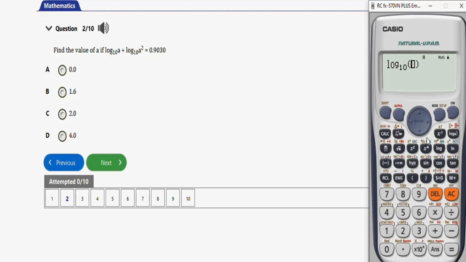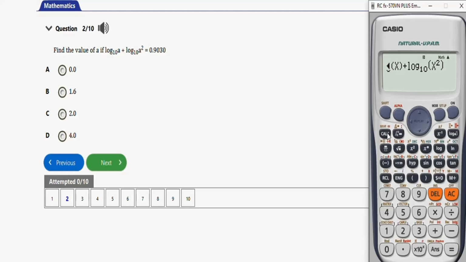Alright, let's call our a here to be x. Press alpha on this button. Okay, then we have plus log base 10. Let our a be our x square.